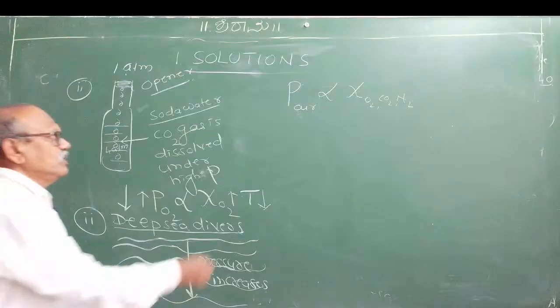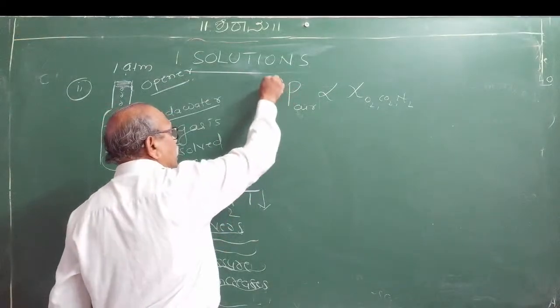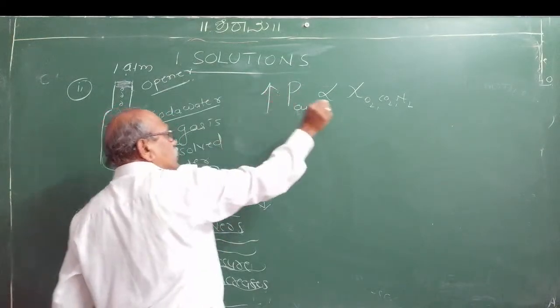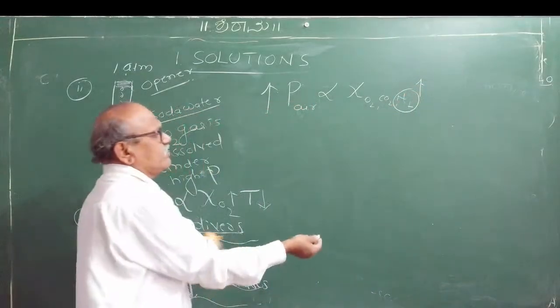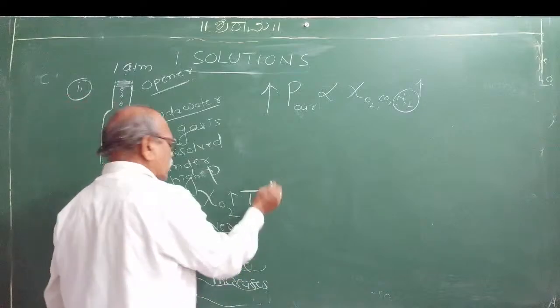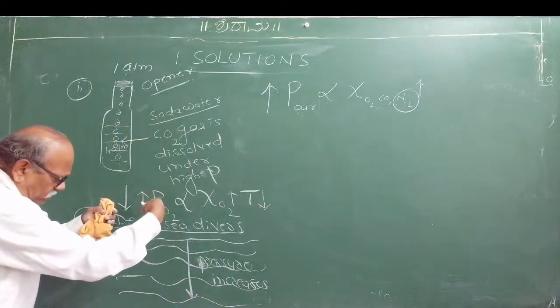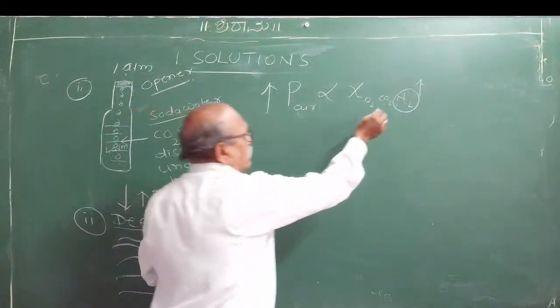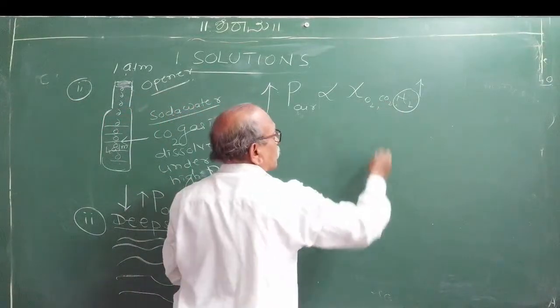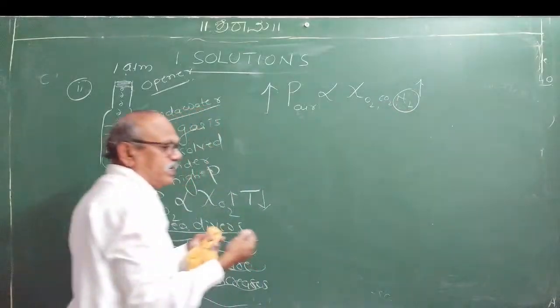Is that clear to you? So in the deep sea, as the pressure increases, the dissolution of especially the nitrogen will increase in the body. So as they come out of the water, in the capillaries, due to the high pressure, the gaseous nitrogen will be dissolved in it.